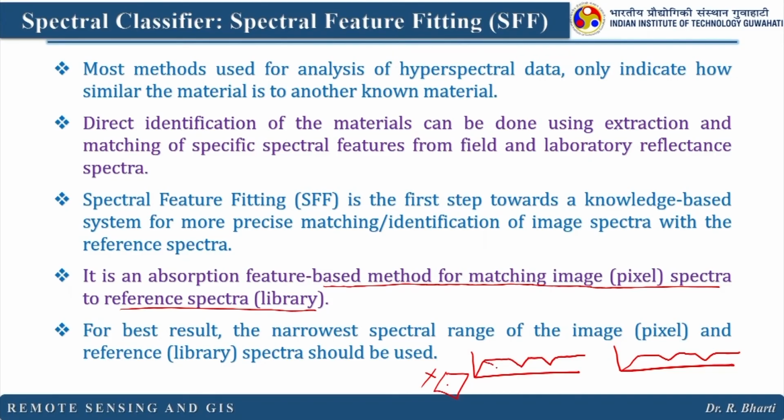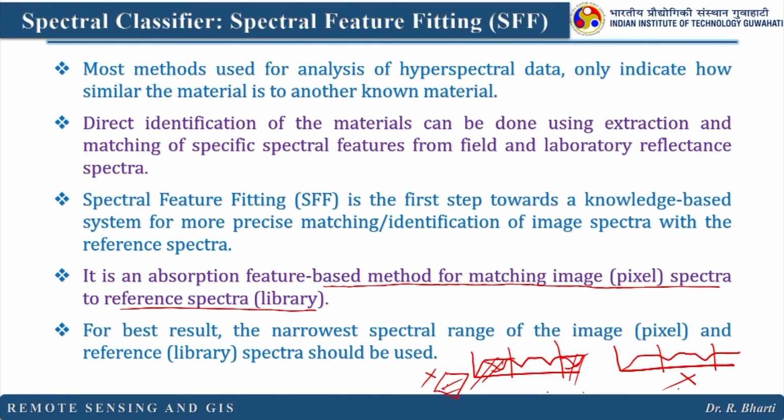So you may have certain other objects in this particular pixel, so you have 2 or 3 extra absorption troughs. But actually I wanted to identify this material X, whether it is 10%, 20% or 30%. In that case, we can use only these two absorption features and the same wavelength range in your image spectra to match. Then we will not bother about this.